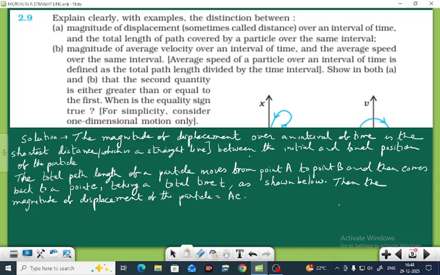Suppose this is the position A, this is B, and it comes back to C. AC is the magnitude of displacement, right?